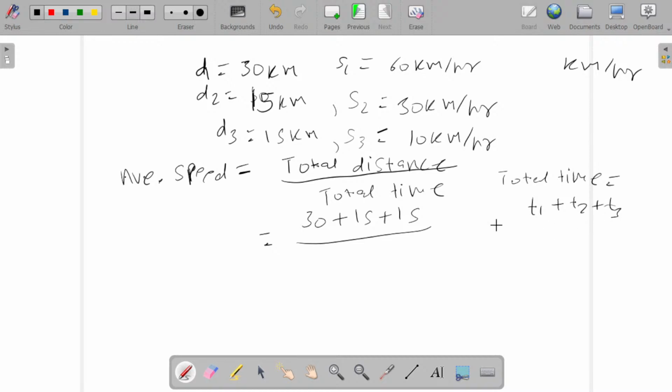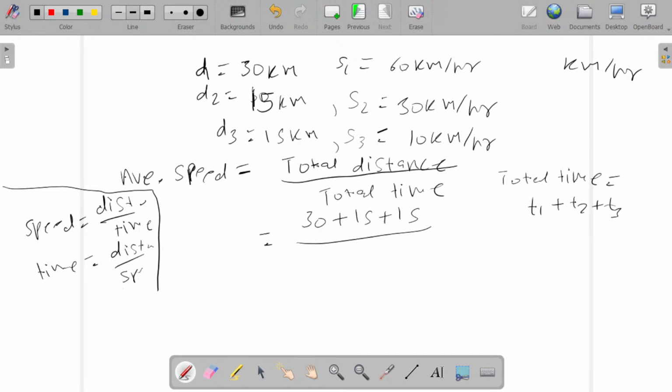We don't have the time, so we will use the formula speed equals distance upon time. By this formula, we get time equals distance upon speed. So t1 will be d1 by s1, t2 will be d2 by s2, and t3 will be d3 by s3, by this formula, distance upon speed.